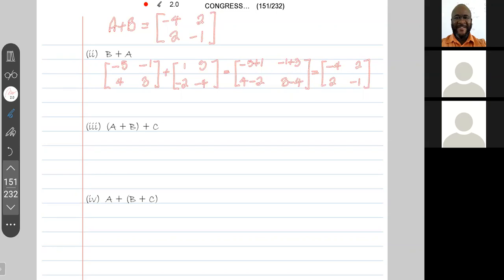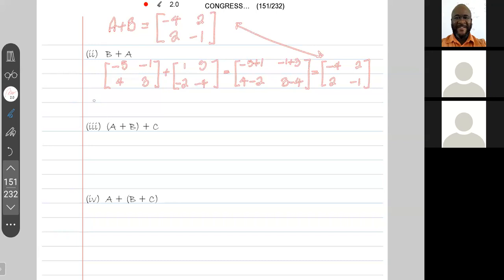If the signs are different, subtract and keep the sign of the larger number. 3 minus 4 is minus 1. Now, what I want to point out to you is that A plus B and B plus A are equal.